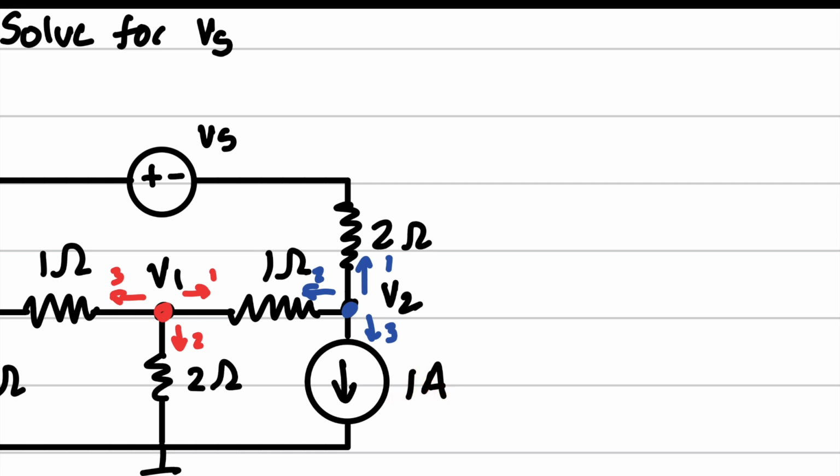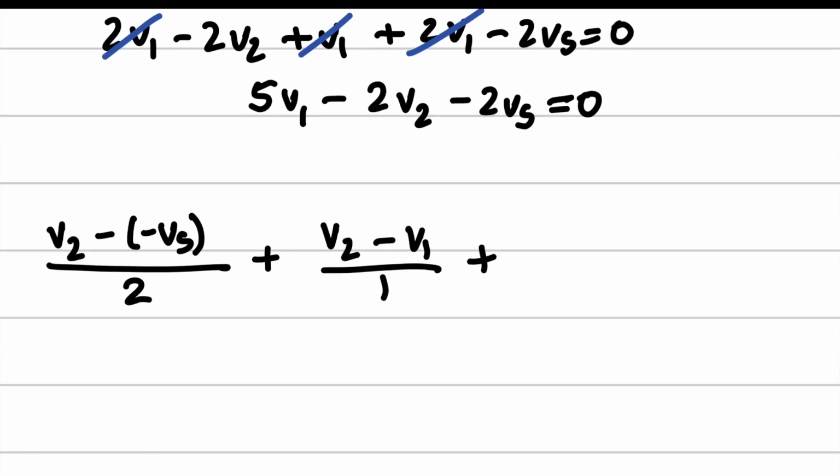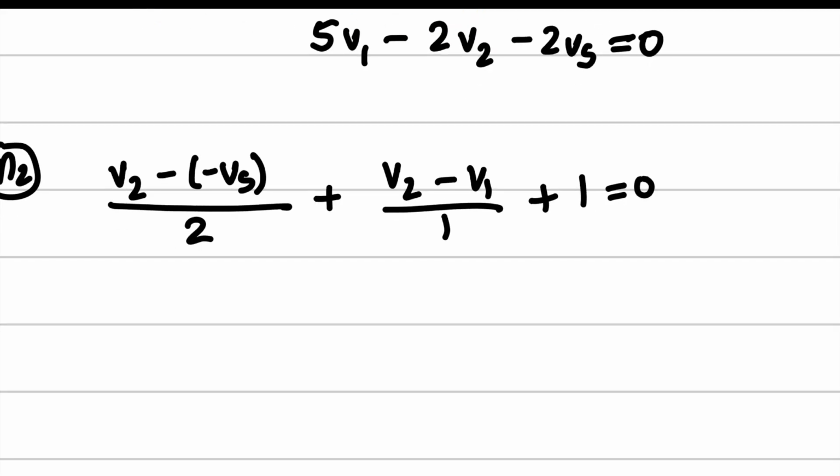Nodal analysis is just the sum of the currents, the currents which are in terms of the voltage. So we already have a guy that's in amps, or in current, so we can just put him down here, equals 0.